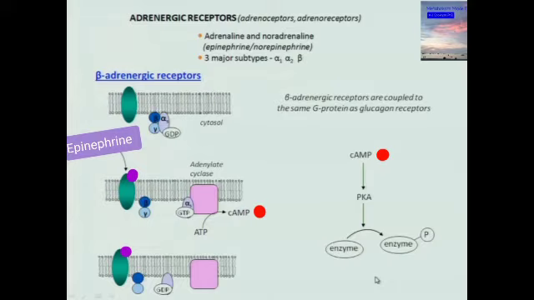This one is going to look for its target enzyme, adenylate cyclase. AC stands for adenylate cyclase. Adenylate cyclase takes ATP on the cytoplasmic side and cyclizes it to form cyclic AMP.